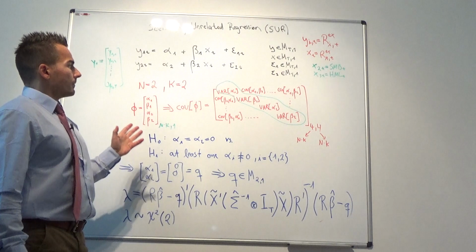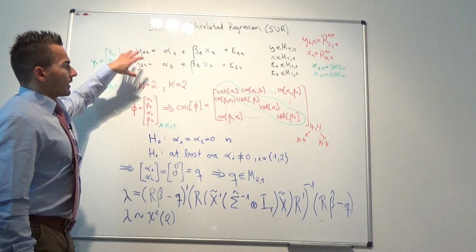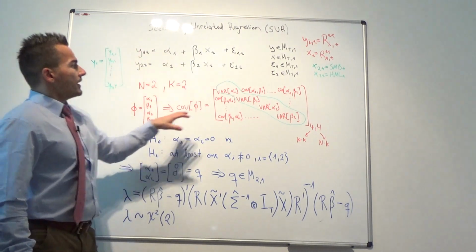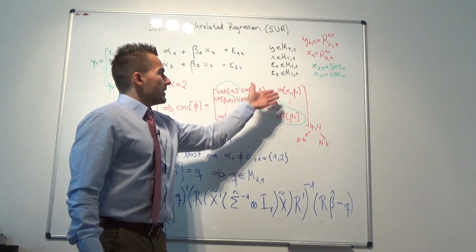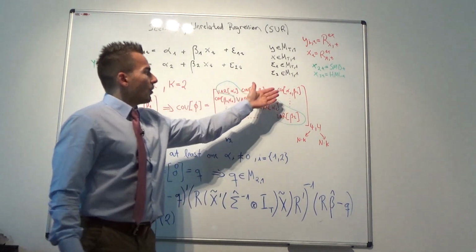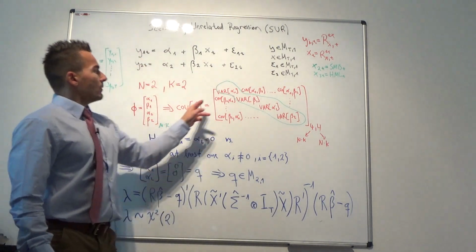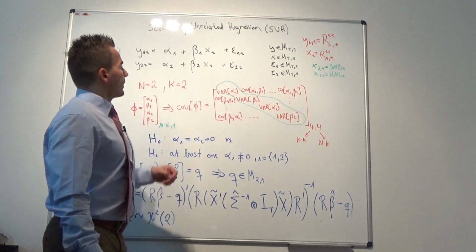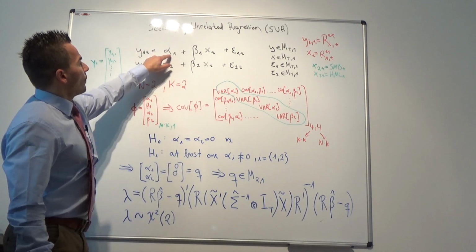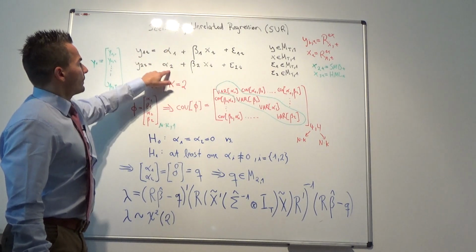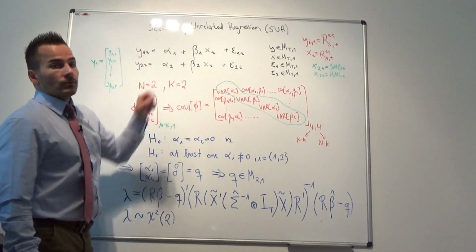And that's exactly the point. If the left-hand side variables are correlated, then there will be something above and below the main diagonal, because that means some covariances will be unequal to 0. If they were uncorrelated, then alpha 1 would be uncorrelated with alpha 2, and alpha 1 would also be uncorrelated with beta 2.